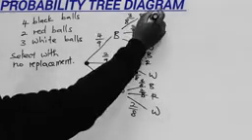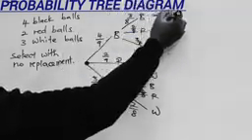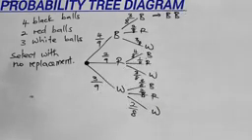So this path which follows this line is black, black. We're assuming at the first pick you have chosen a black ball, and then the second pick is another black ball.